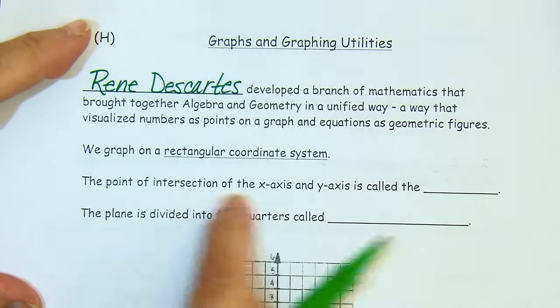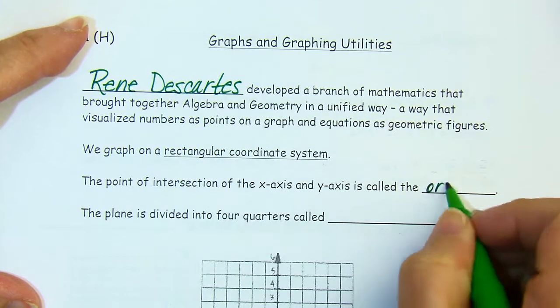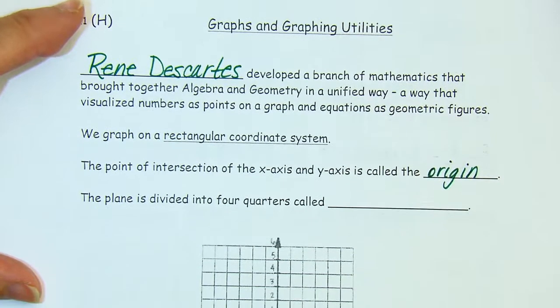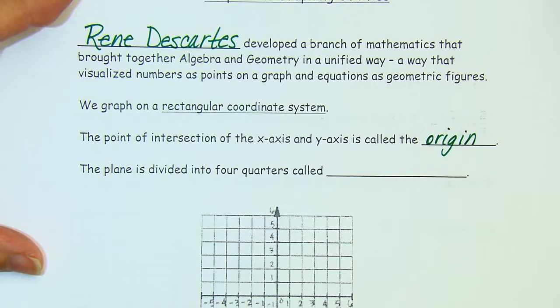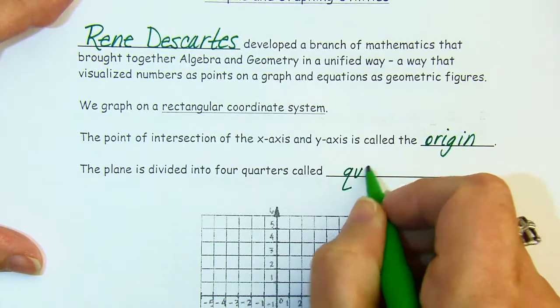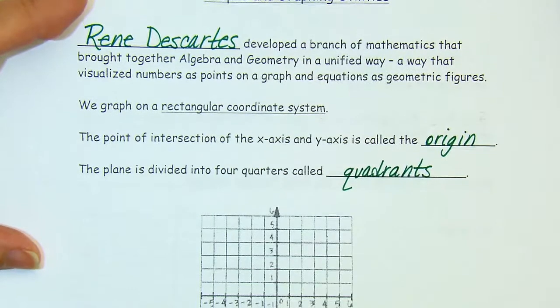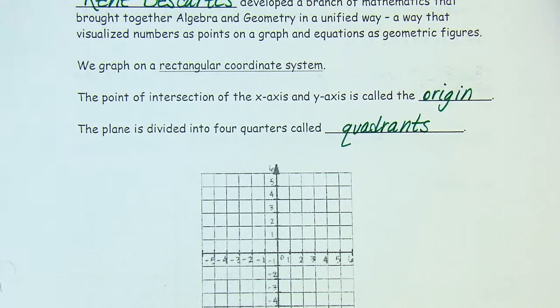All right, the point of intersection of the x and the y axes is called the origin. Now, normally, if we were doing this live in class, I would be asking you these questions. The plane is divided into 4 quarters called quadrants. And I will let you fill in where's quadrant 1, where is quadrant 2, where is quadrant 3, and where is quadrant 4.